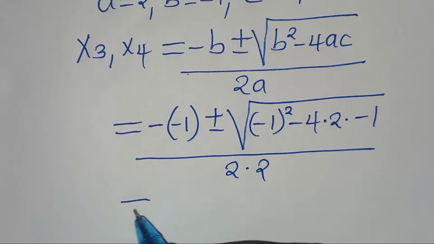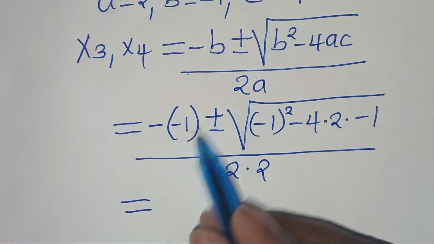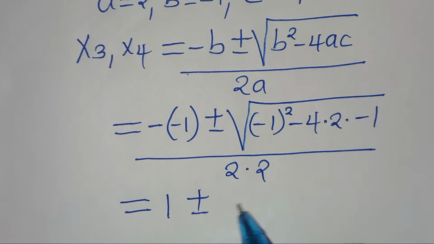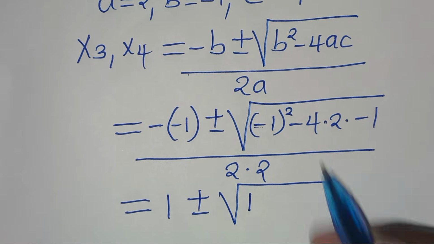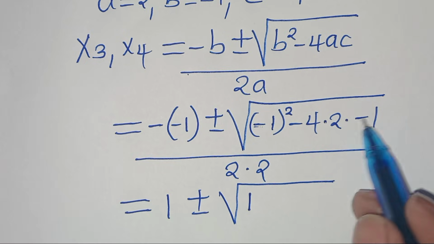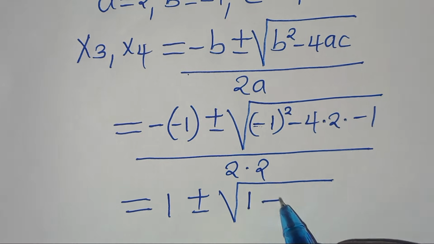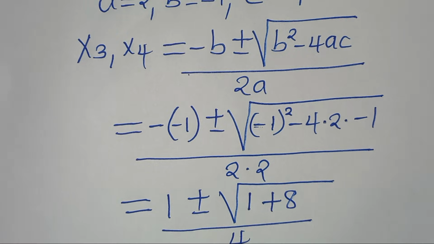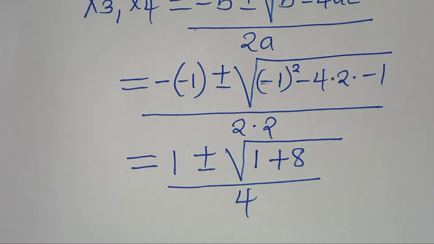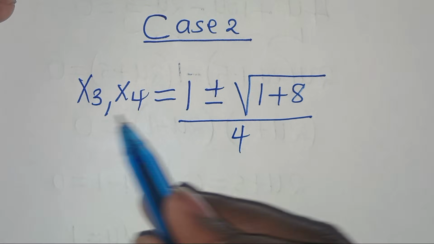So negative times negative 1 is 1, plus or minus the square root of minus 1 to the power of 2, this is 1, minus 4 times 2 times minus 1, this is plus 8, then divided by 4.